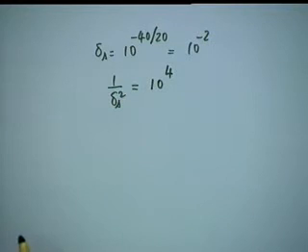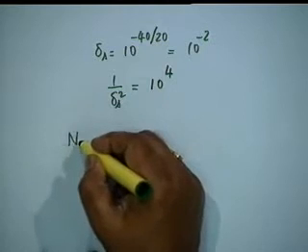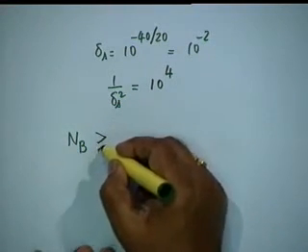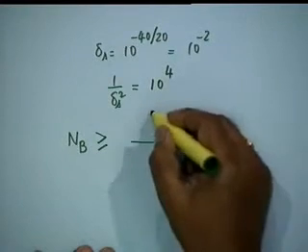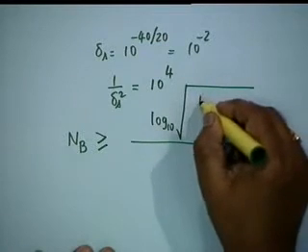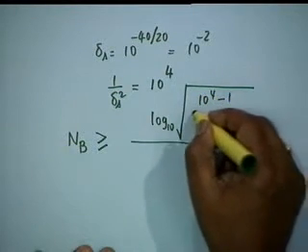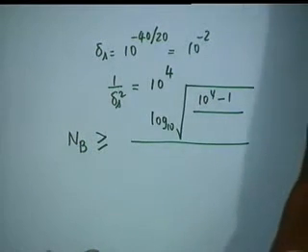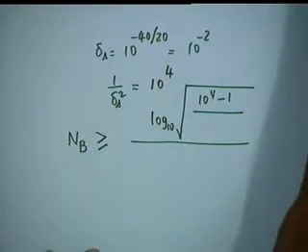Now it's interesting to find out what order of Butterworth will satisfy these specifications. Then we shall be able to compare Butterworth and Chebyshev. If I want to satisfy the specs by Butterworth, then n sub b has to be greater than or equal to log 10 of square root of 10 to the power 4 minus 1 divided by, what was 1 by delta P? 1.259.